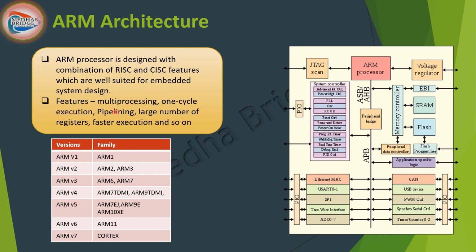Features include multiprocessing, one cycle execution, pipelining, a large number of registers, faster execution, and so on. Very nice, thanks for sharing. In ARM, we have various versions and associated families. Today, one of the widely used ARM processors is Cortex.